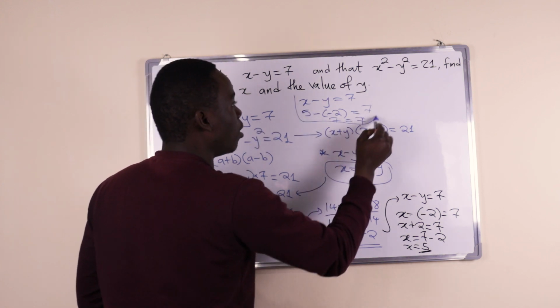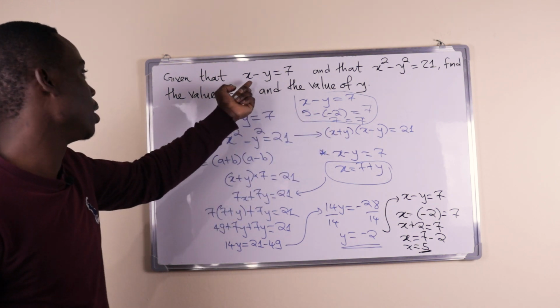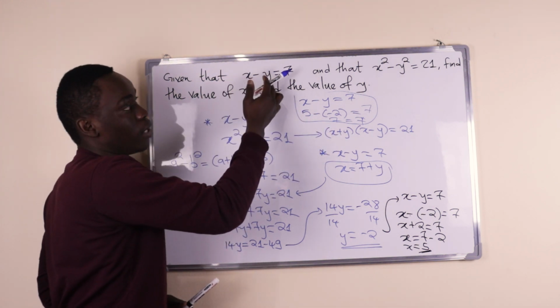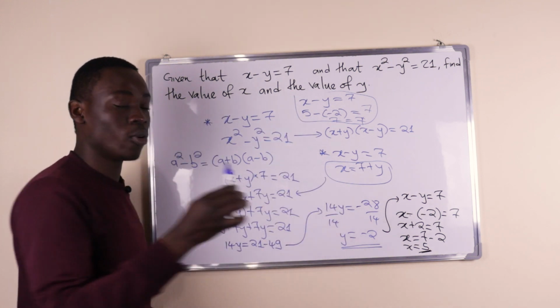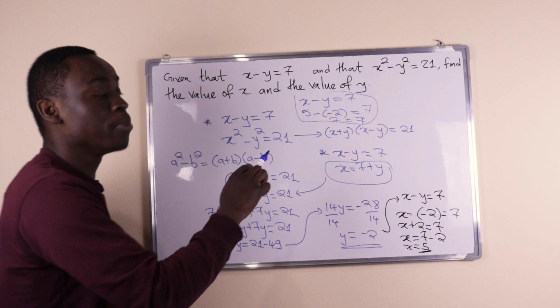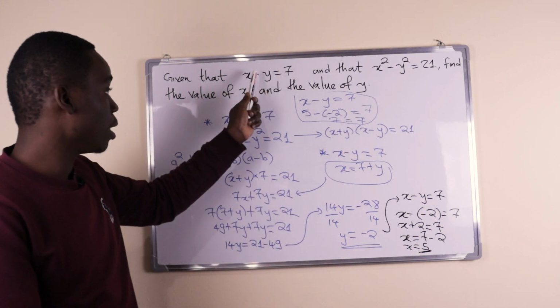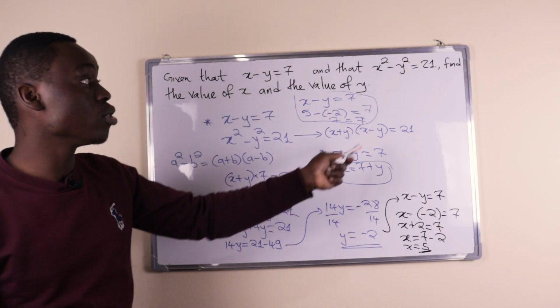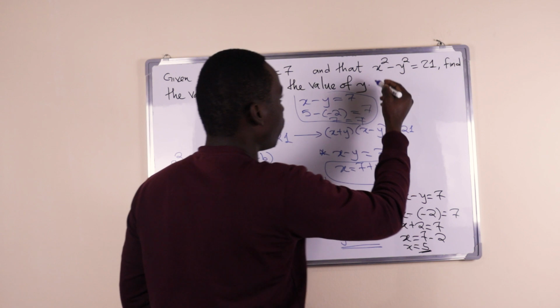Now, this might work for various values where you can find any figure for x and any figure for y that will give you 7. But the only way these two answers are correct is if you replace them in your second equation, because it's a simultaneous equation, meaning the values you find should also equate to what we have on the other side. So in our case, we have x squared minus y squared.